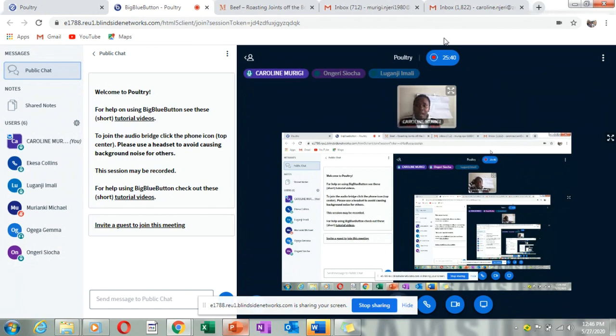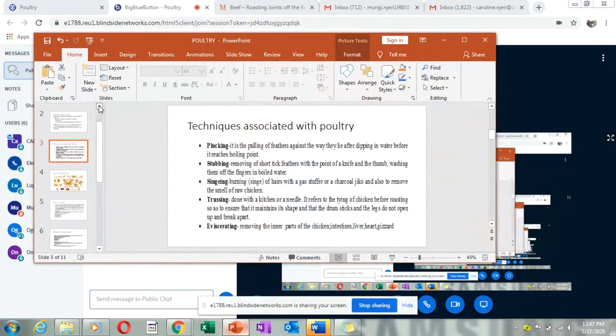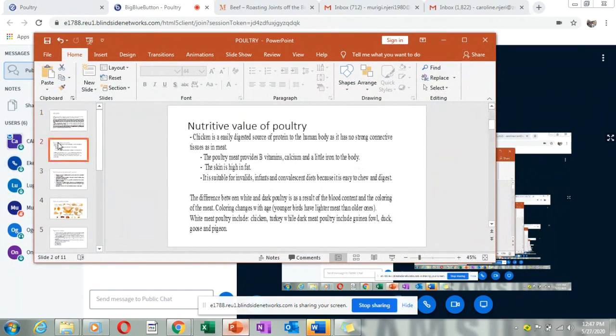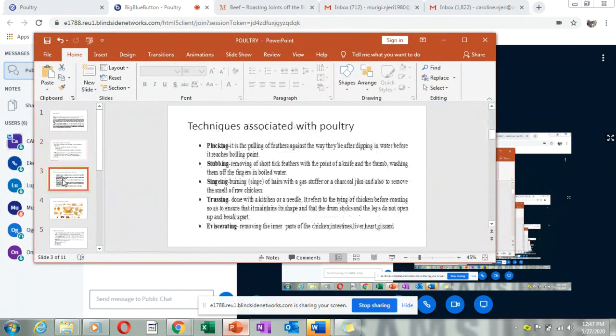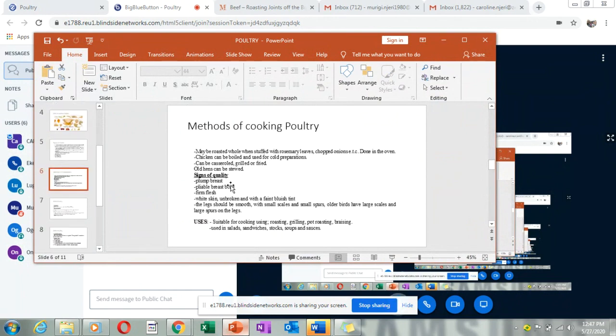There are different methods of cooking poultry.